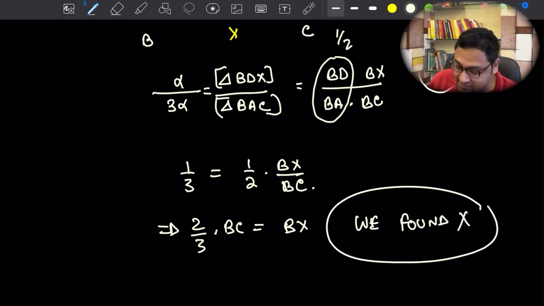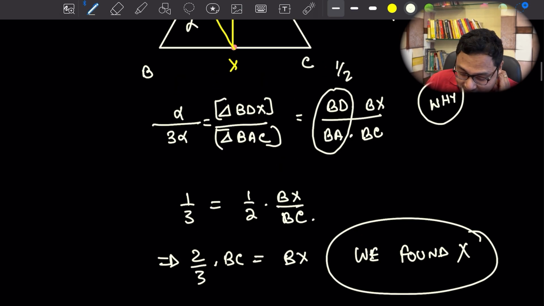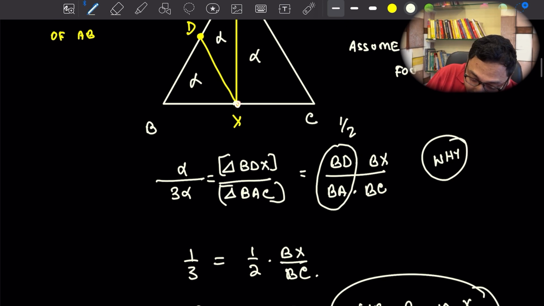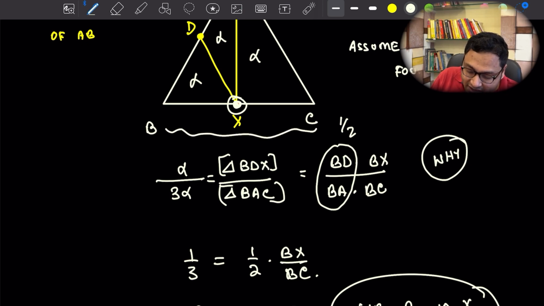We found X. It's awesome because that's all we need. We now know that to find the point X, we have to just divide BC into a 2:1 ratio. This is 2/3, this is 1/3.